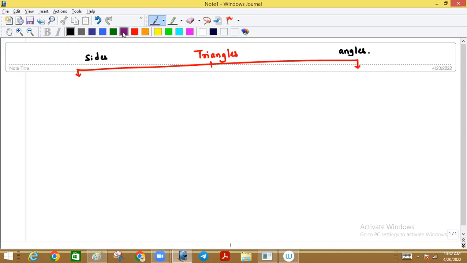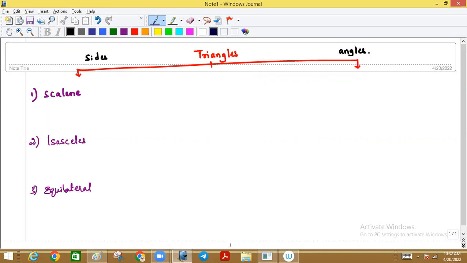If you look at based on sides, we have scalene, isosceles, equilateral.